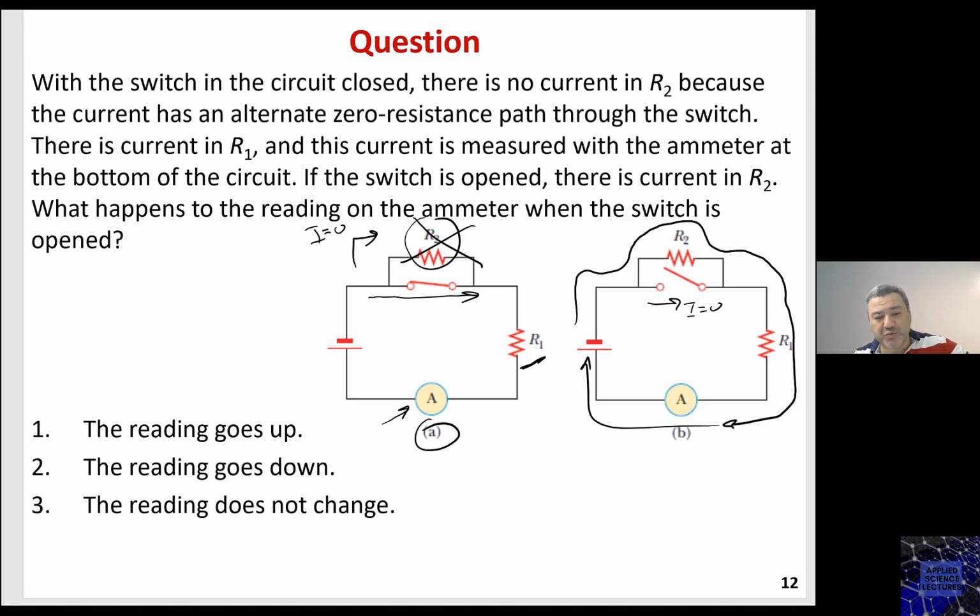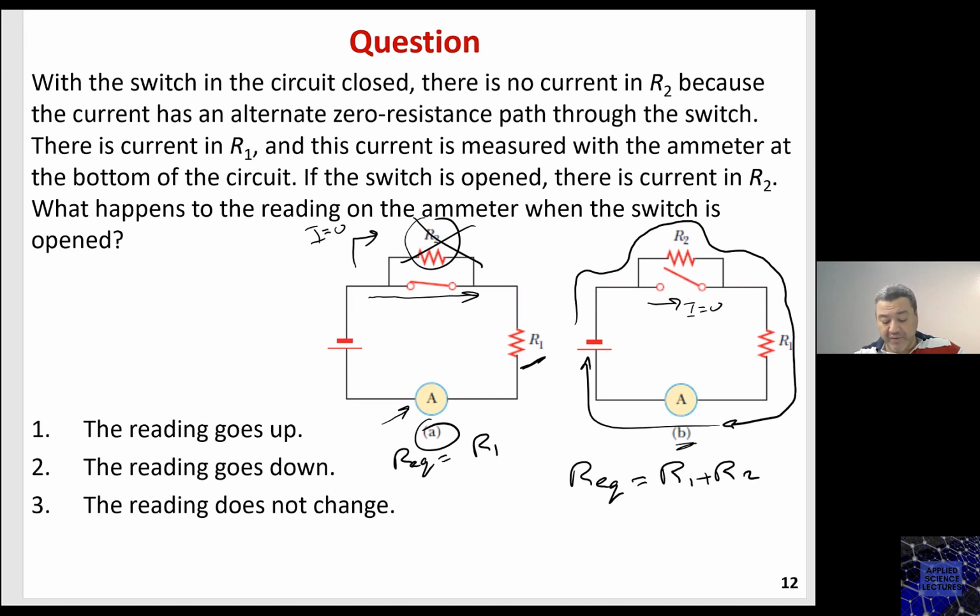When I open the switch, the current is taking this path that has R2, which means the R equivalent in this circuit has increased, and became R1 plus R2. Here the R in this circuit was only R1. Here in circuit number 2, or B, R equivalent is R1 plus R2.